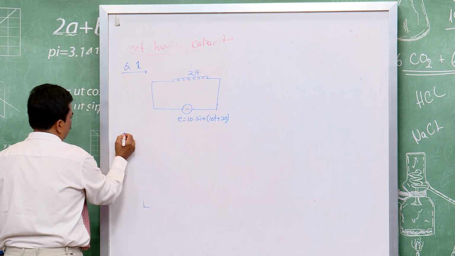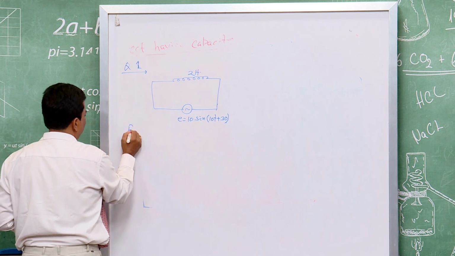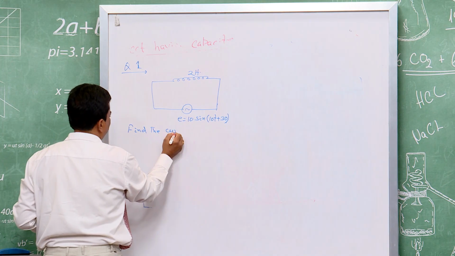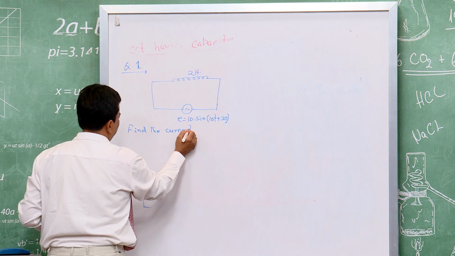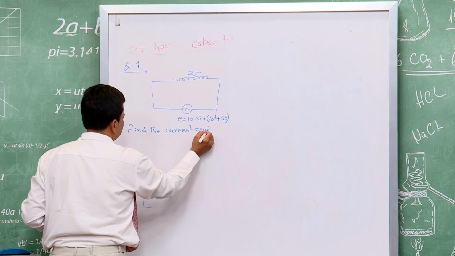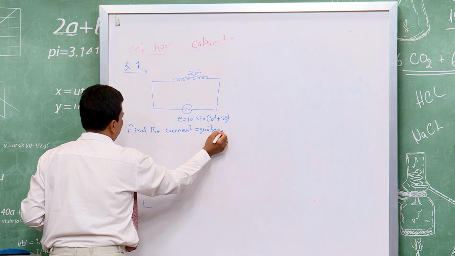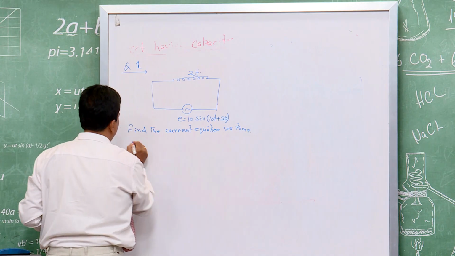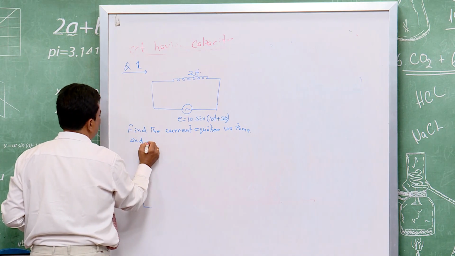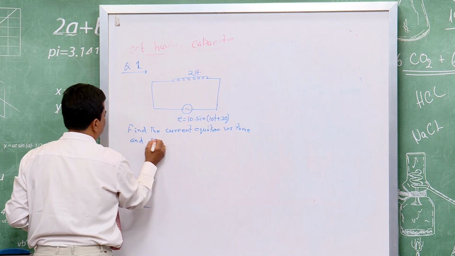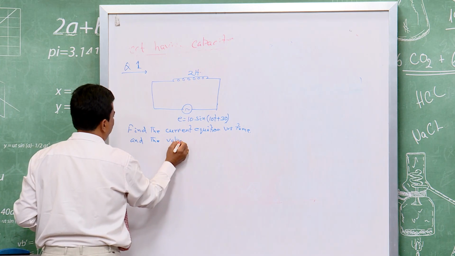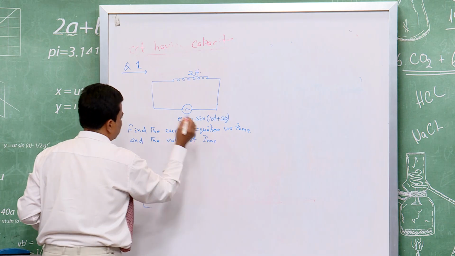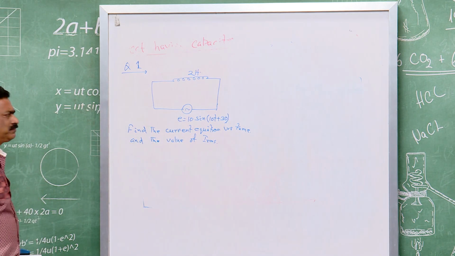The question is: find the current equation versus time and the value of I RMS. This is the question.